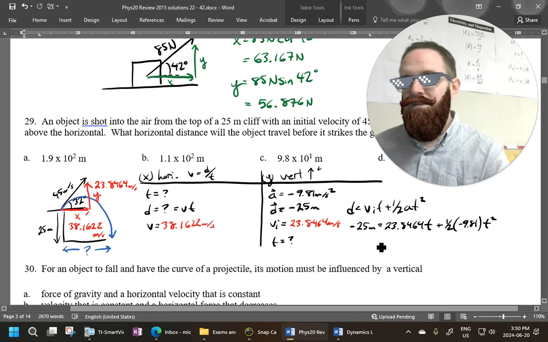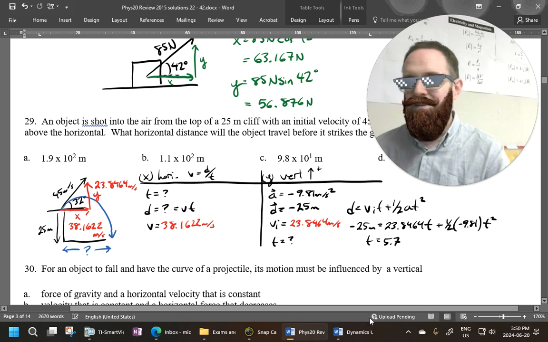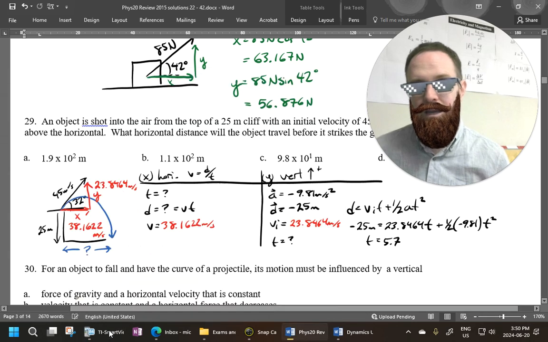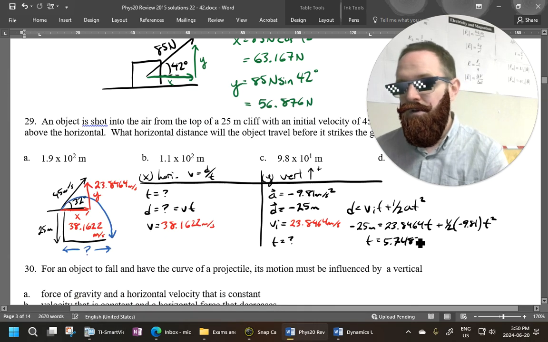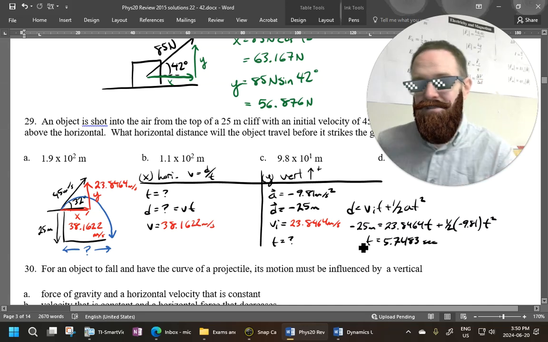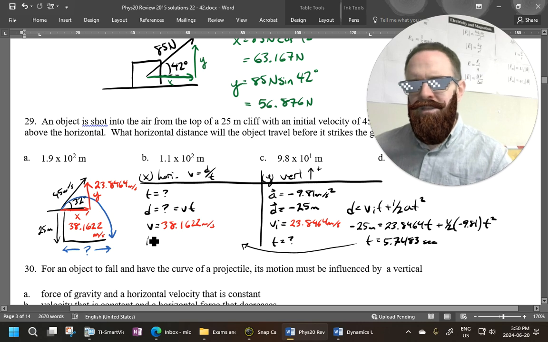So we just found the time to be 5.7483 seconds. Then I could take that time over to the other side now, put it over here to find my distance.